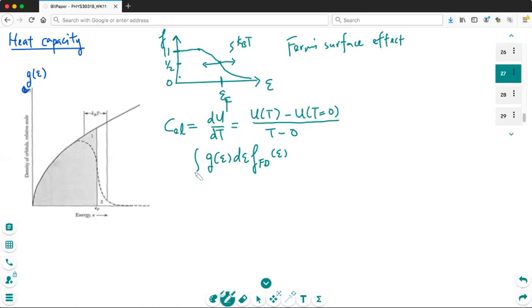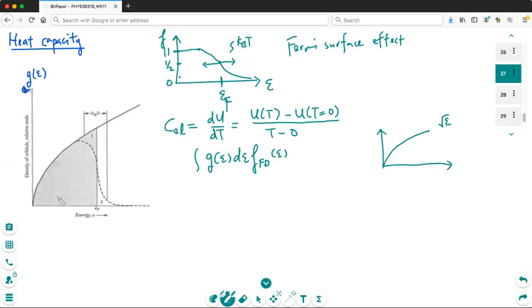And how do I draw this picture? Let's first estimate the number of electrons at the zero temperature limit, which is kind of easy. I will still have the product of these two functions. This G of E goes like that. This is the famous square root of E dependence, that's why you see this curve here.